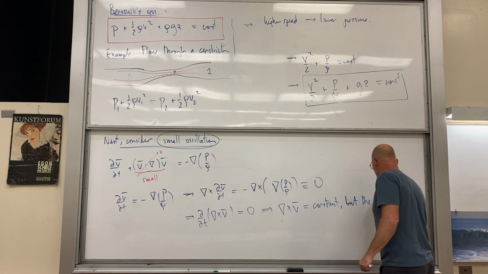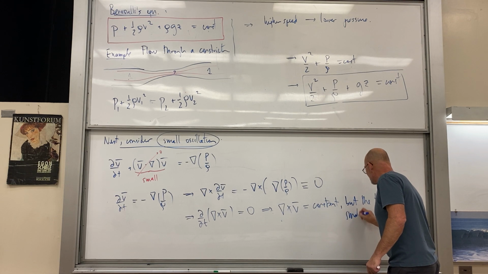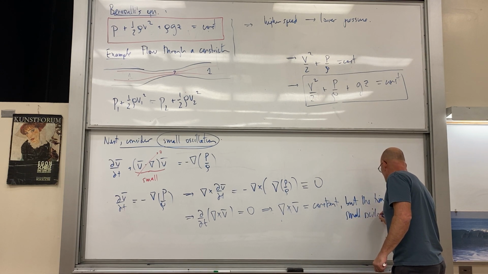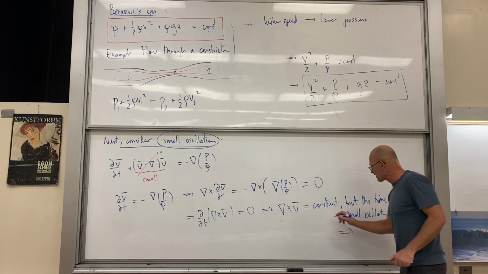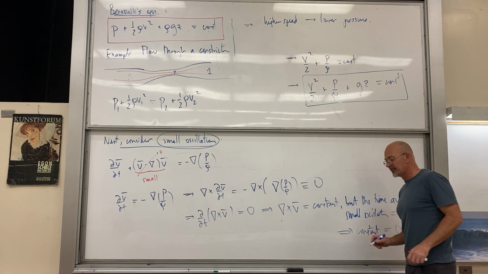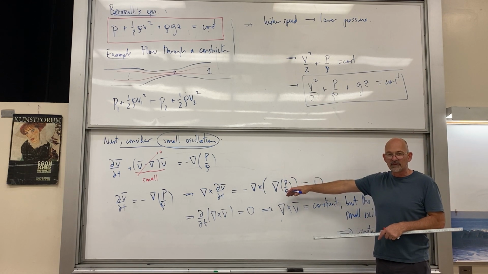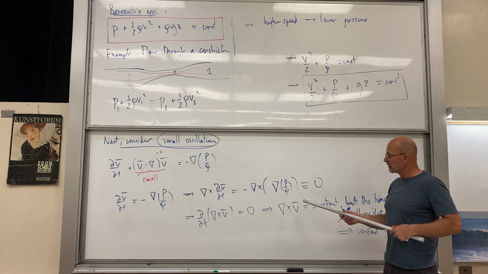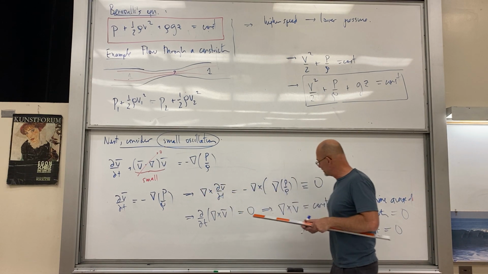The time average of small oscillations equals 0. Therefore, our constant equals 0, and the curl of the velocity really is equal to 0, to the approximation where you can neglect these quadratic terms.